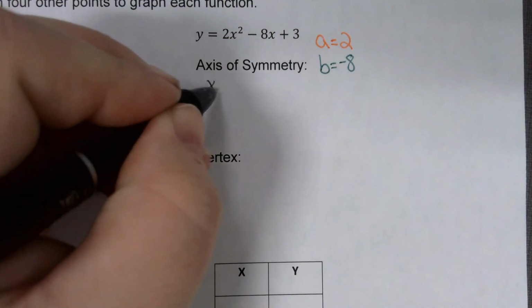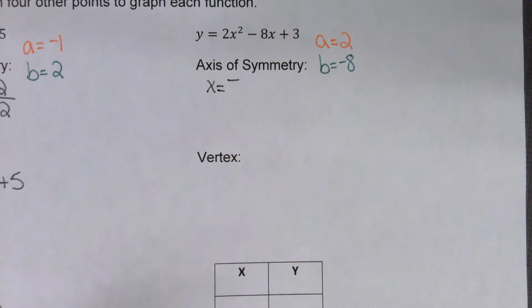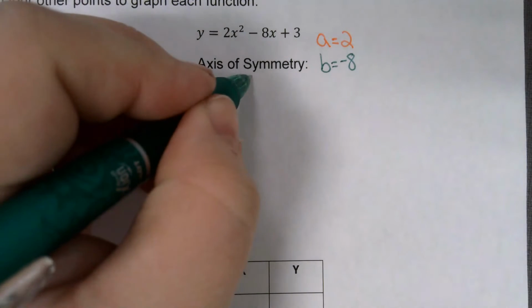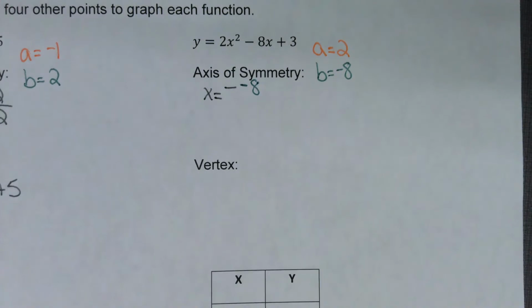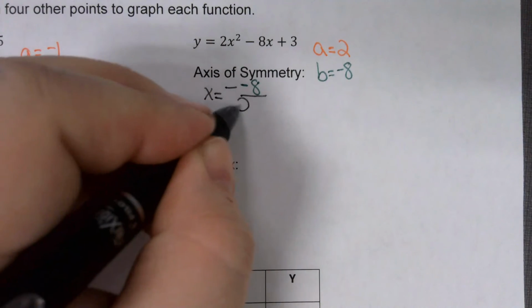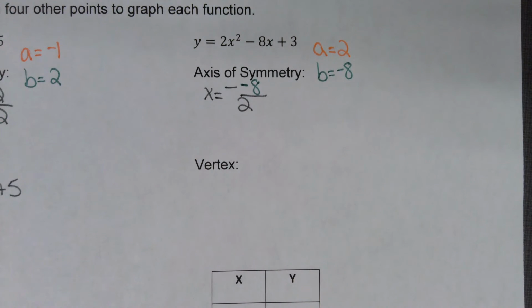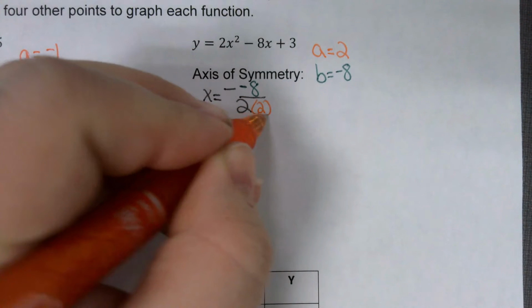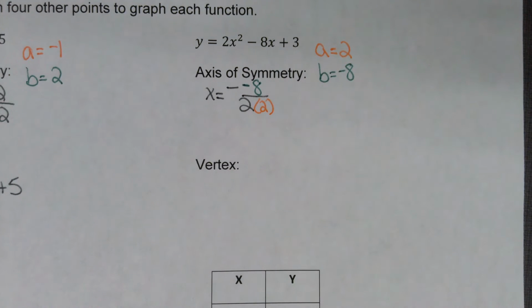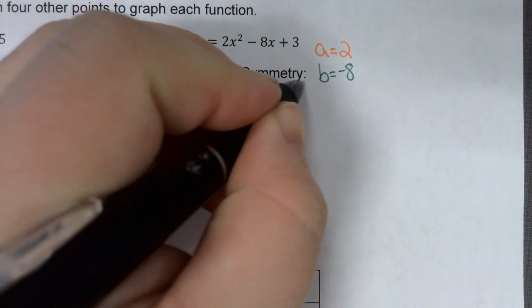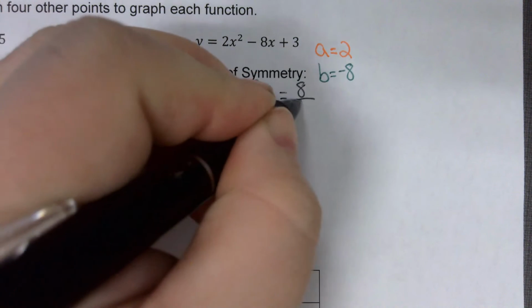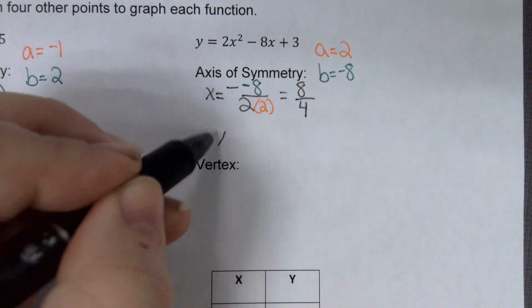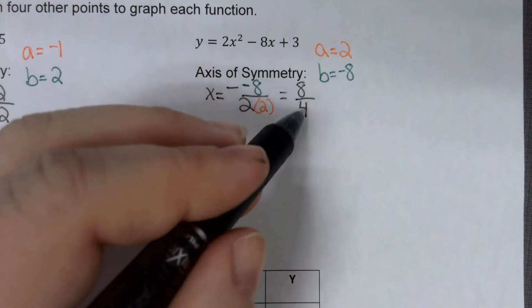X equals negative, here's our B value, -8, over 2 times our A value, which just happens to also be 2. So -8 makes that a +8. 2 times 2 gives me 4. So x equals 8 divided by 4, which is 2.